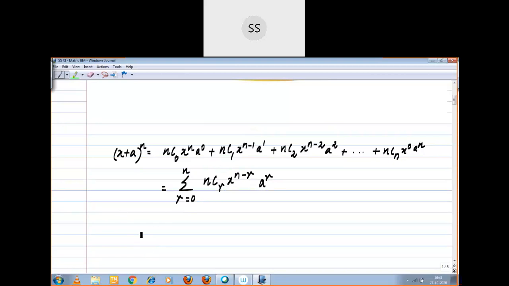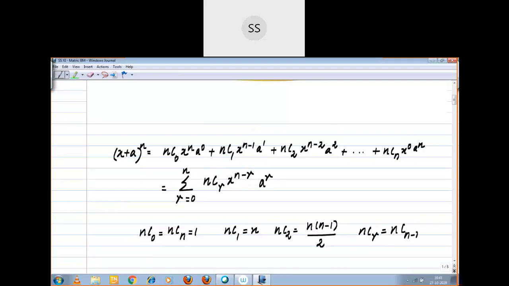Now I am going to recall the standard form results. What is that? nC0 equal to nCn equal to 1. Next, nC1 equal to n, nC2 equal to n into n minus 1 divided by 2.